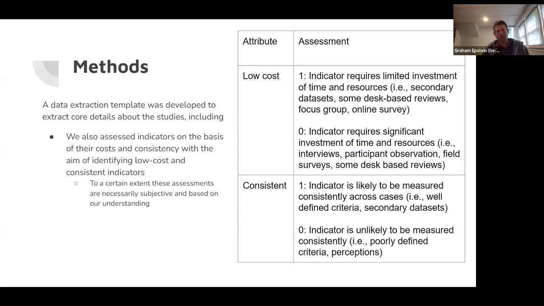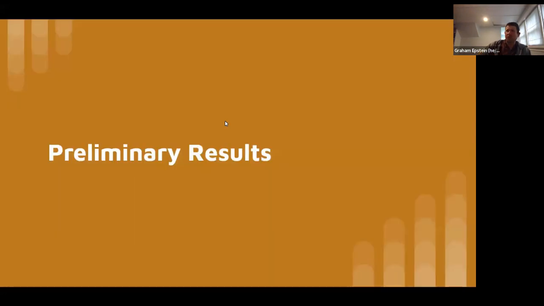It's very hard to achieve consistency. You and I would probably be thinking about very different things when trying to measure stakeholder participation, versus something like how many stakeholders attended meetings or how many meetings were held. That is much easier to measure consistently across cases. It's a well-defined concept, and on that basis, I can make a pretty decent assumption that it is going to be measured consistently across different contexts.